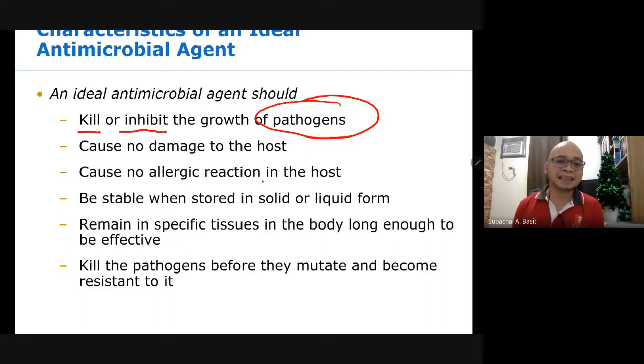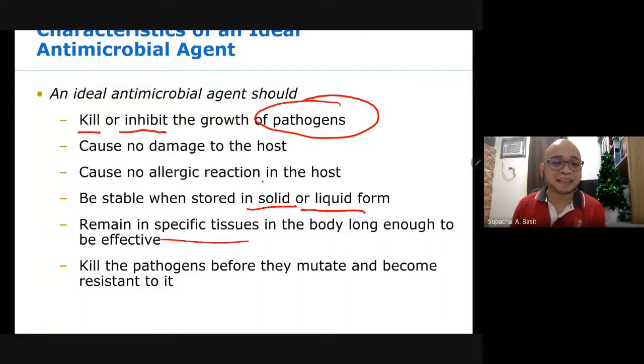So, an ideal antimicrobial agent should be stable even if you stored it in solid or in liquid form. And it has to remain in specific tissues in the body long enough to be effective.